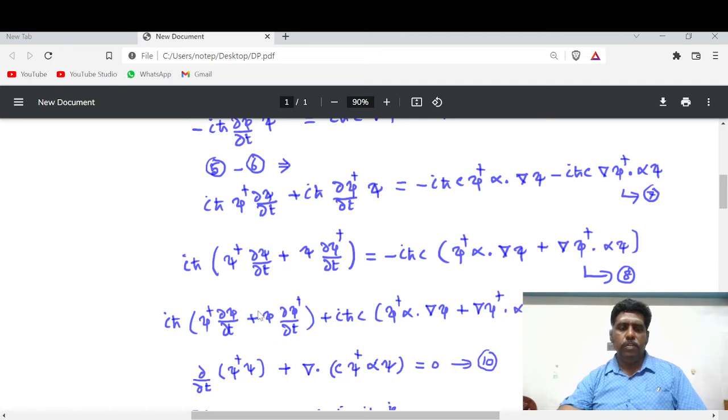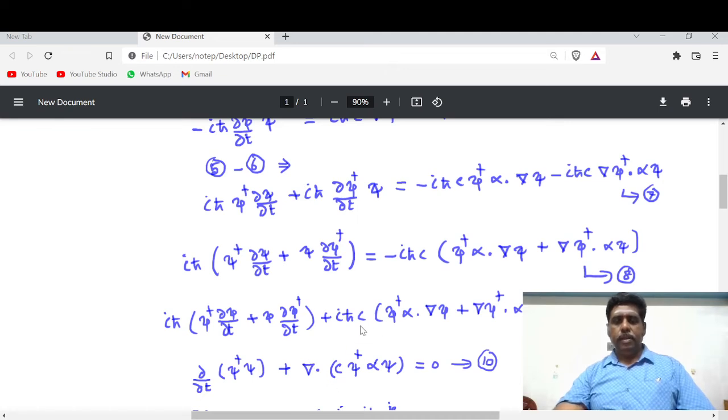Now we have to modify this using d by dt of uv, so that the term inside the bracket is dou by dou t of psi dagger psi. We have cancelled i h-cross from each and every term, so that the first term is dou by dou t of psi dagger psi.